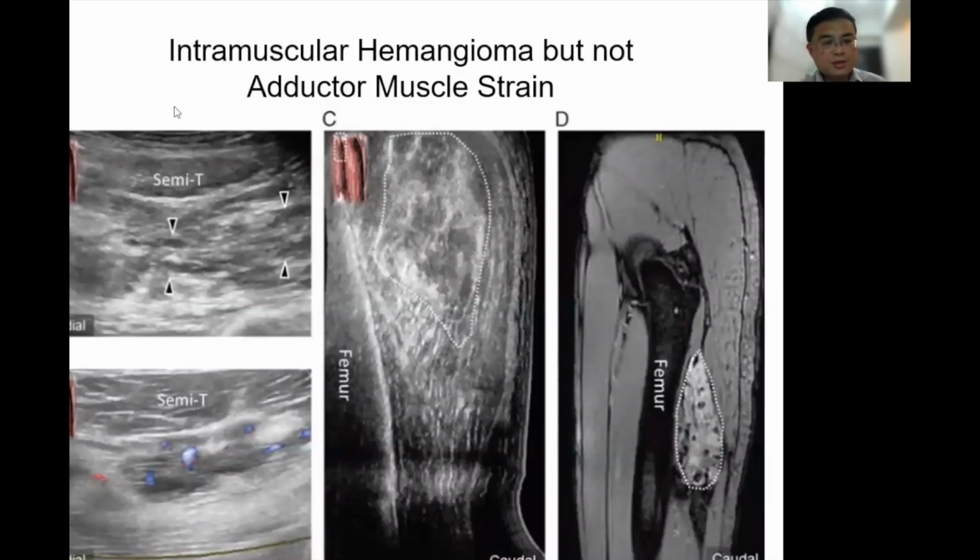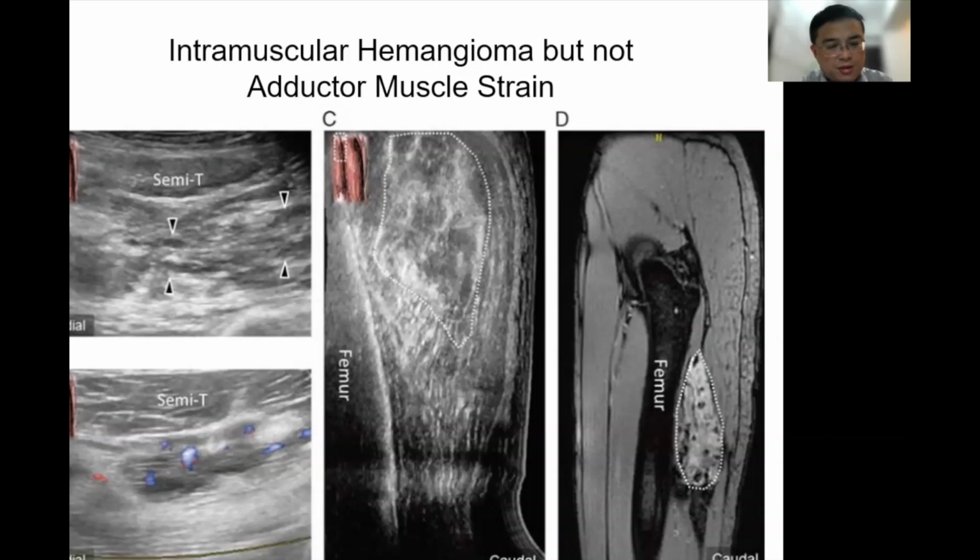So in patients with posterior hip pain, we may consider the patient may have some sciatic problem or some muscle injury. In this case, the clinical diagnosis is adductor muscle strain. But when we use ultrasound to scan this region, we can find underneath the semitendinosus muscle an area of multiple tubular structures.